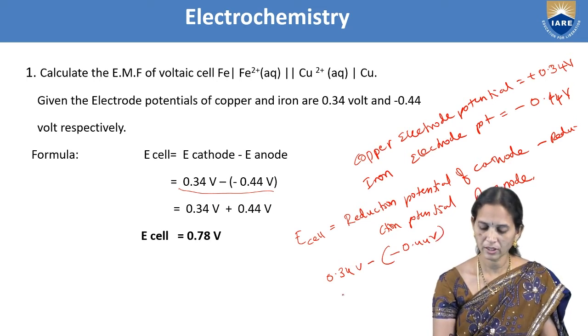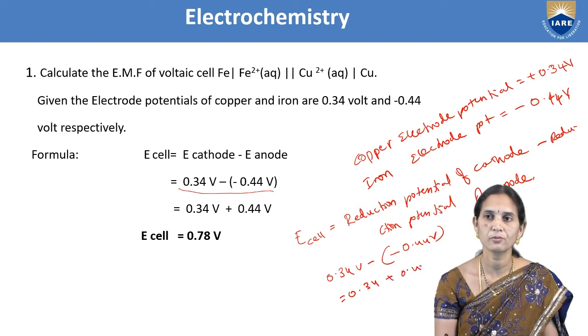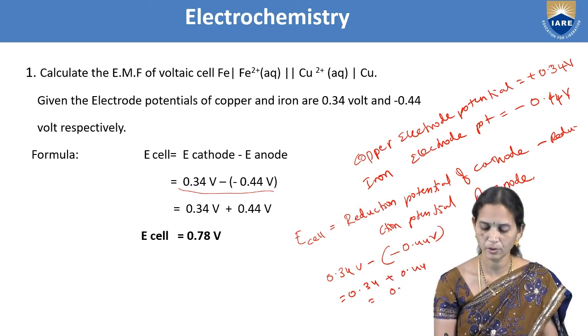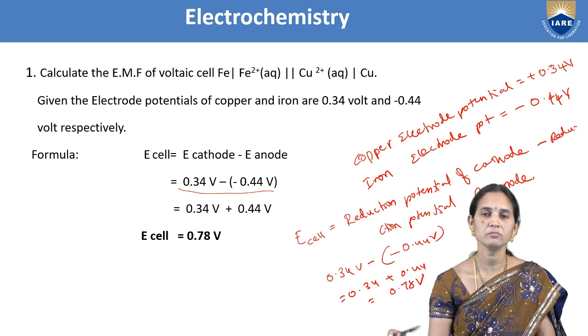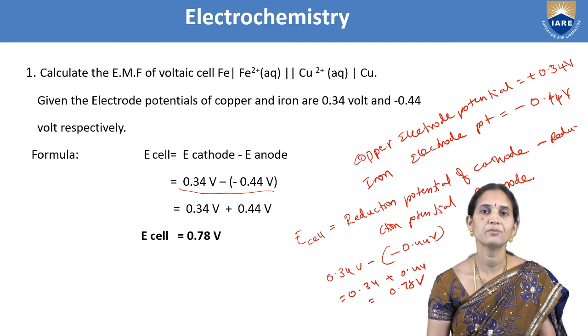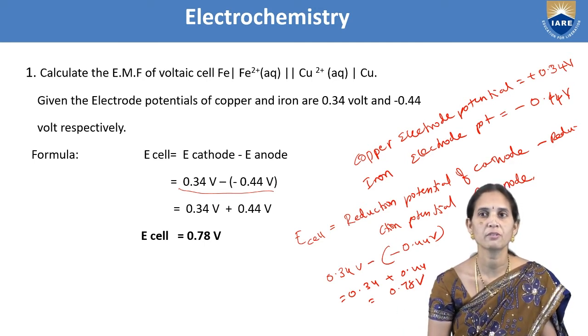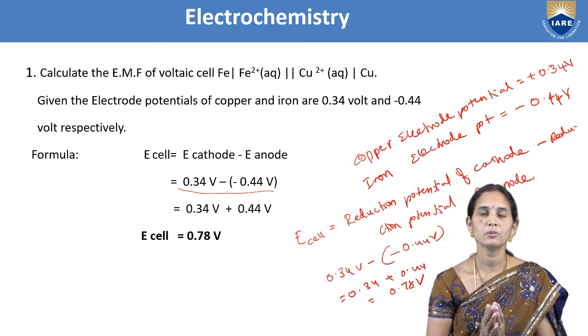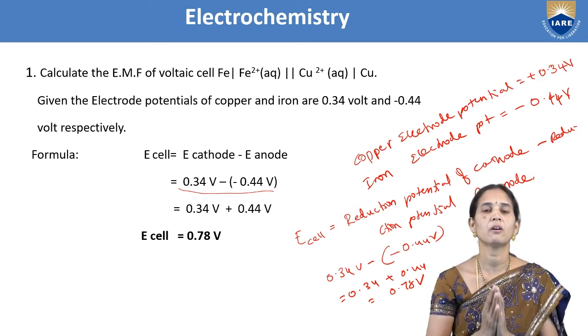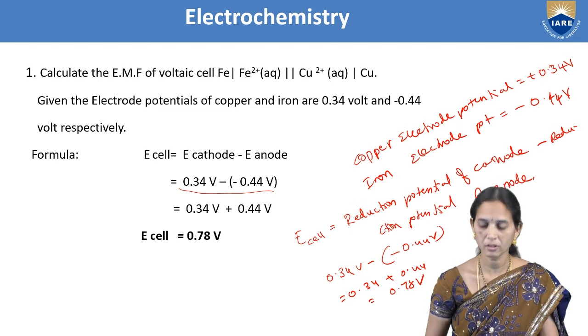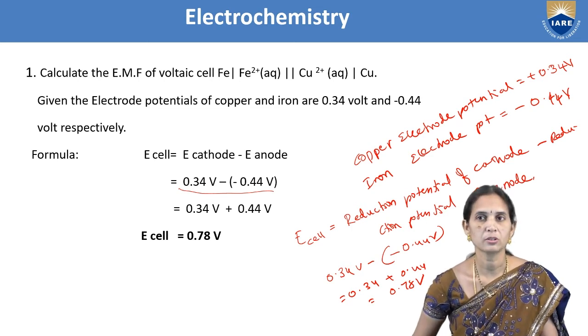So we can write now 0.34 plus 0.44. We get the answer 0.78 volt. So the EMF of the cell is 0.78 volt. To calculate the EMF of the cell, we have to apply this formula, E cell is equal to E cathode minus E anode.